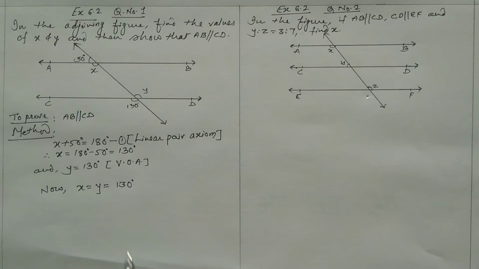And see carefully, angle x and y are forming a pair of alternate interior angles and they are equal, therefore AB is parallel to CD. So this implies that AB is parallel to CD. By which test? It is by converse of alternate interior angles test.